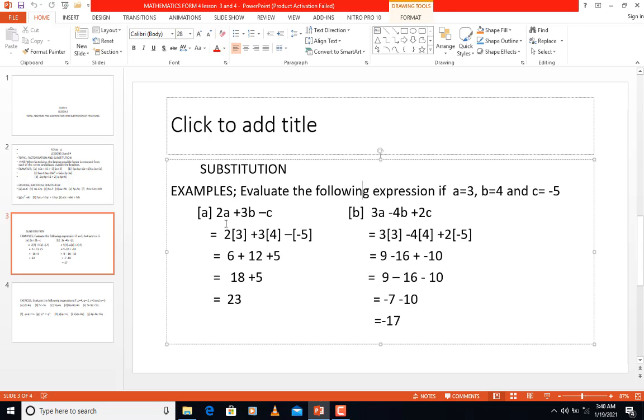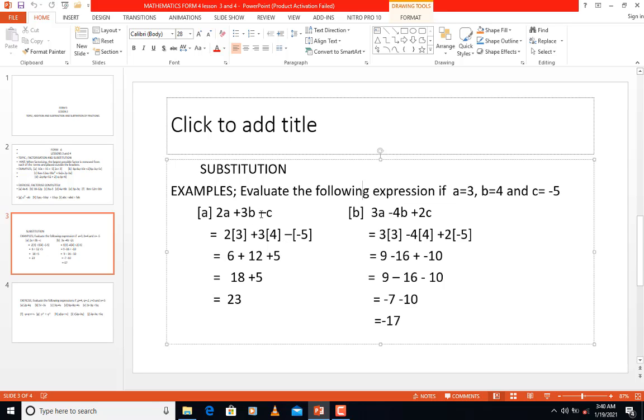For instance, example number 1: 2A plus 3B minus C. What is the value of A? The value of A is 3. So I'm removing A and substituting with 3. What is the value of B? B is 4. I'm removing B and substituting with 4. And C, you can see -5. Here you ought to be very careful.